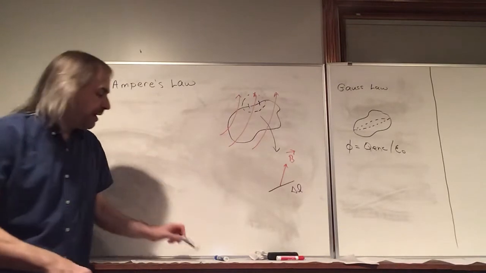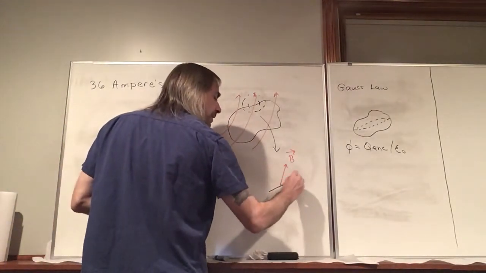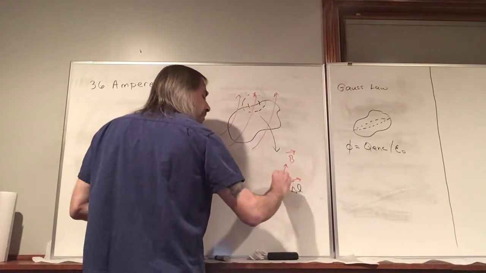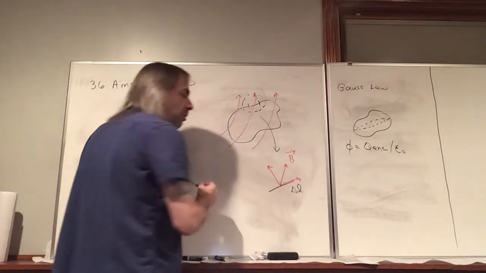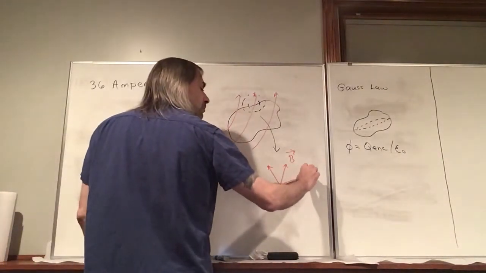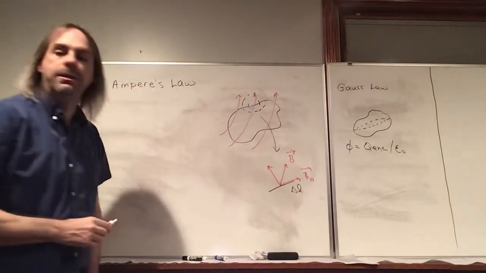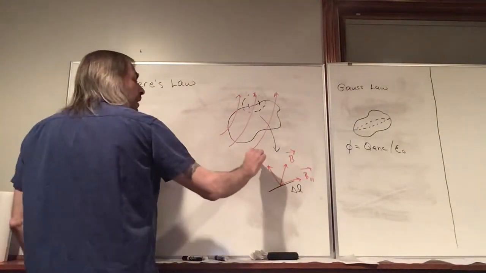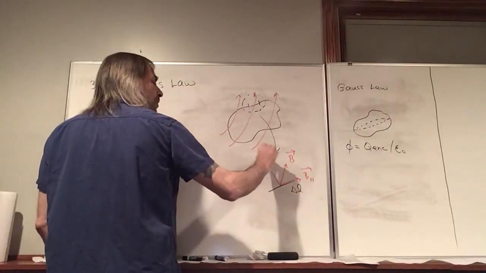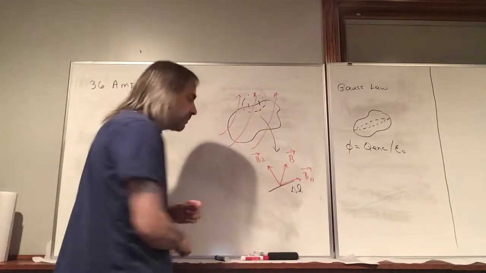So we can break the magnetic field into pieces. Let's say we have a piece going in this direction and a piece perpendicular to our line segment. I'm going to call this B parallel, and here, the perpendicular.